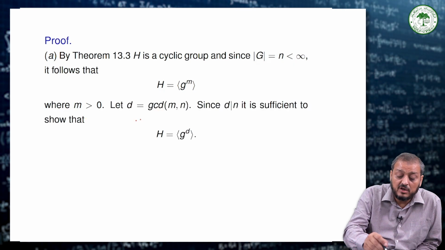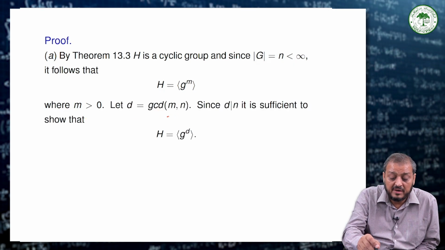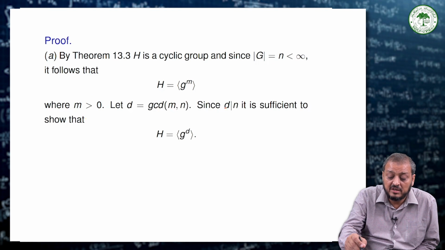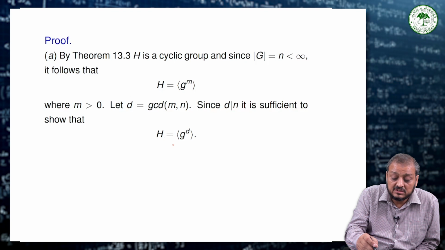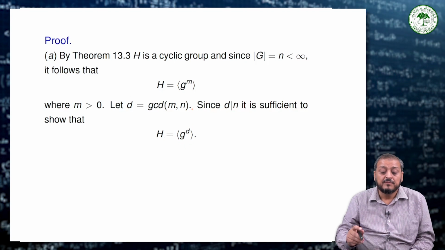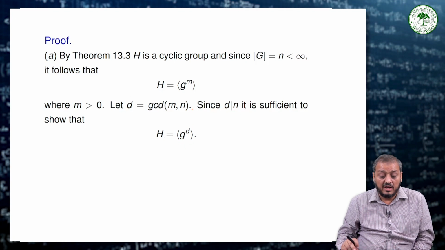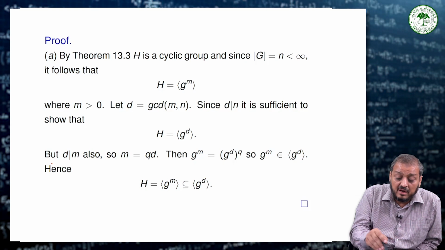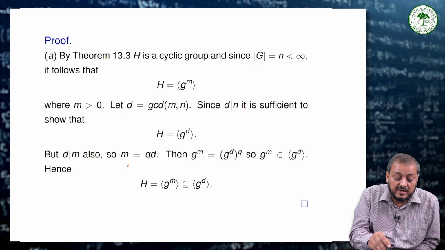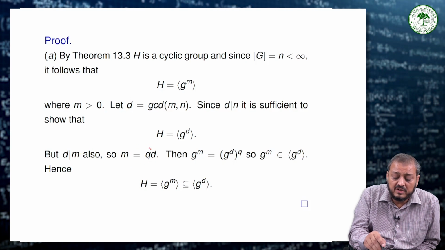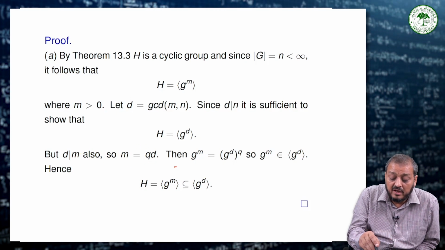Let d be the GCD of m and n. Since d divides n, it is sufficient to show that H is equal to the subgroup generated by g to the power d. Now d divides m also, so m can be written as q times d, where q is an element of the integers.